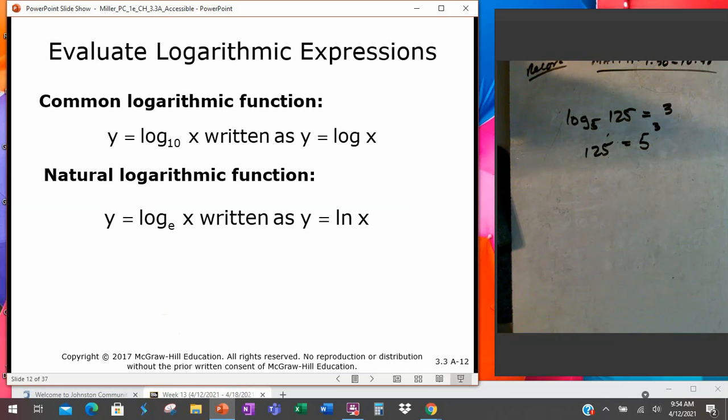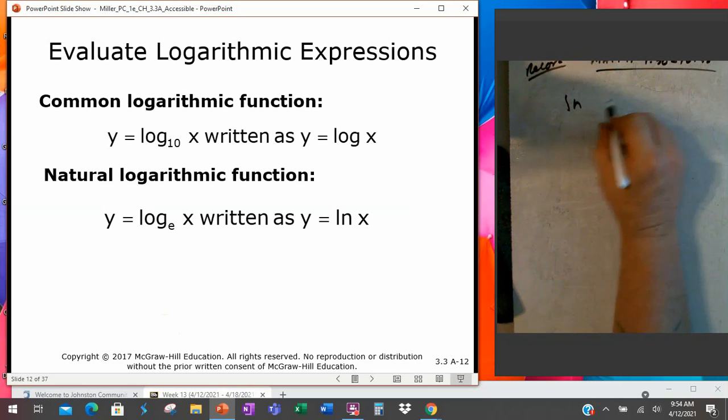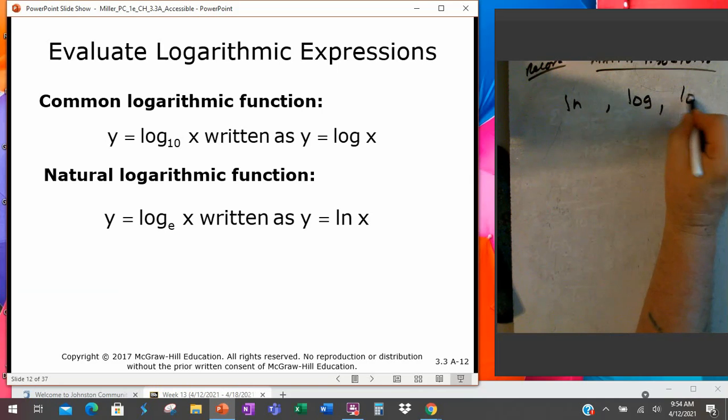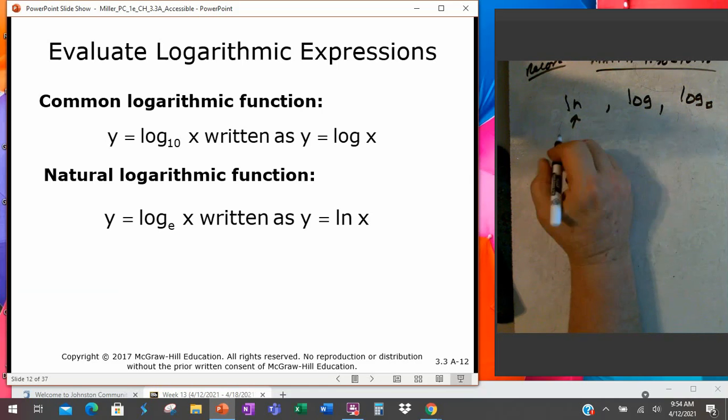Okay, so here I went to the calculator. Sometimes we've got this on one key, and sometimes it looks like that, depending on the calculator. But ln is the log, a very special log to the base e.